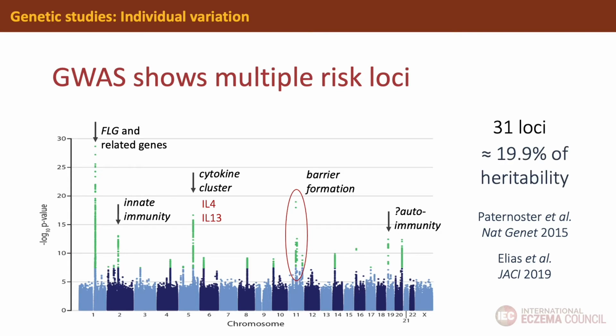Together, GWAS studies have identified approximately 31 loci in the white European populations, accounting for up to 20% of the heritability of this complex trait.